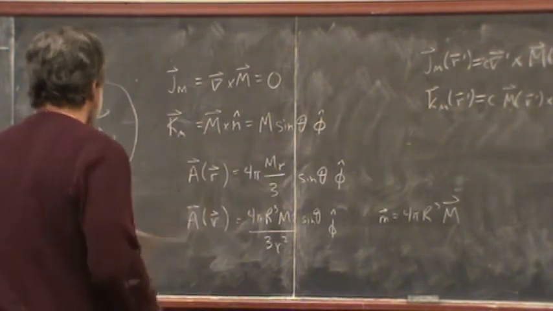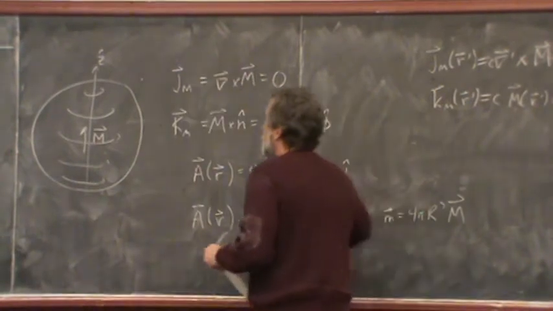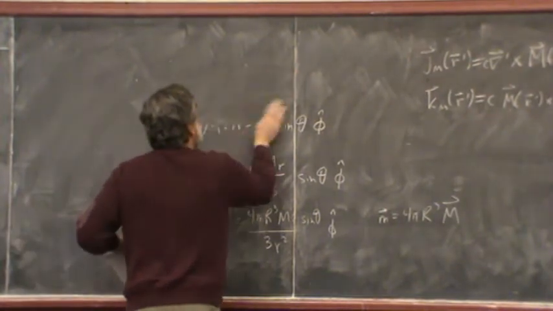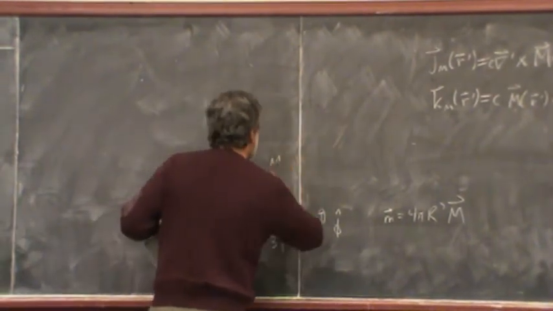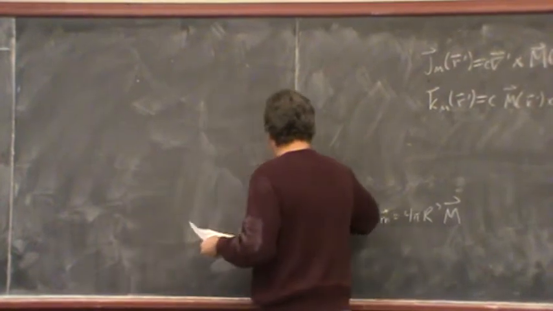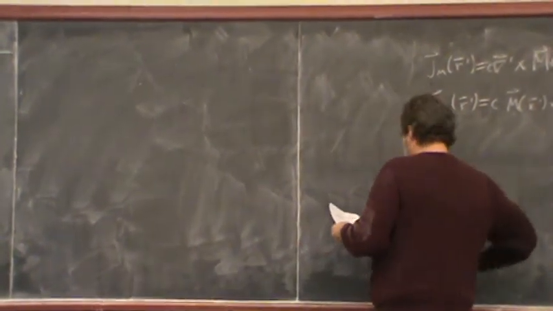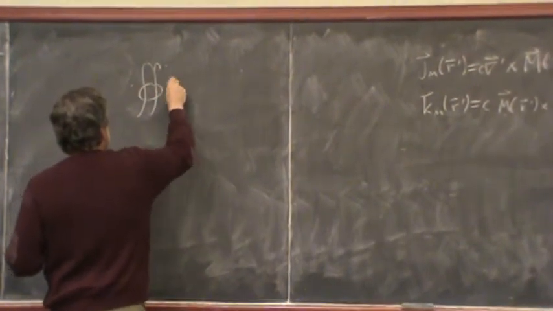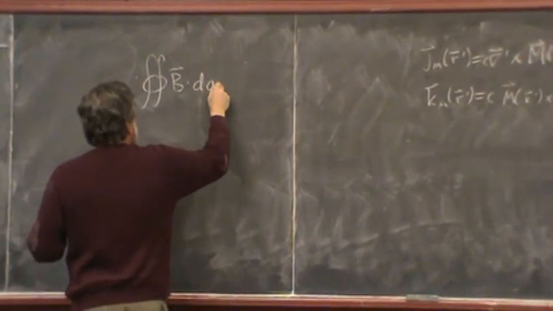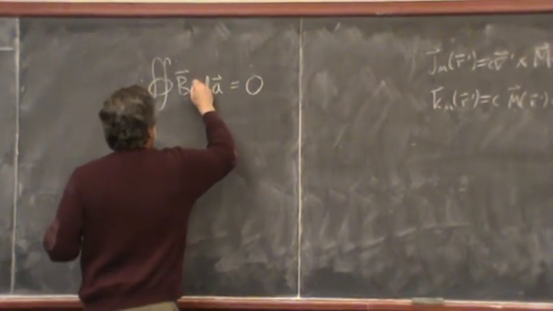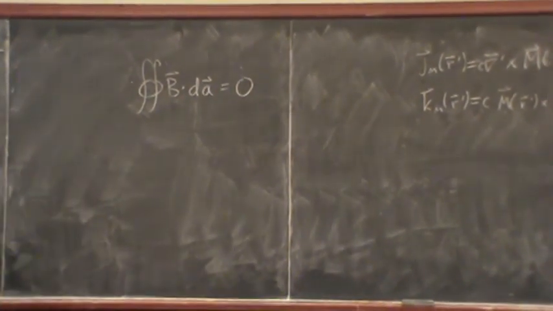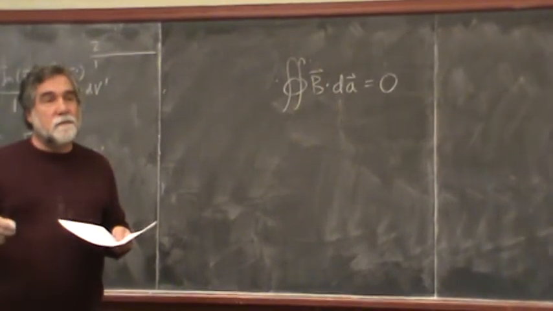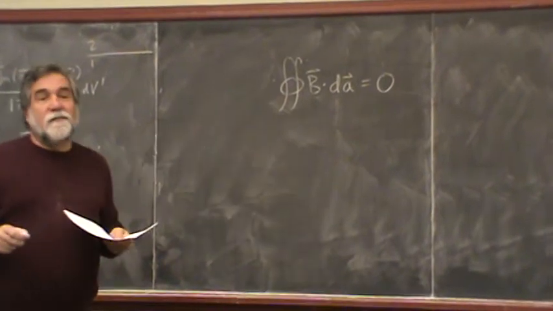All right. Let me talk a little bit about boundary conditions that we can use. Here's something we know for sure. Well, we don't know that for sure, but as long as we don't find any monopoles, that's good.